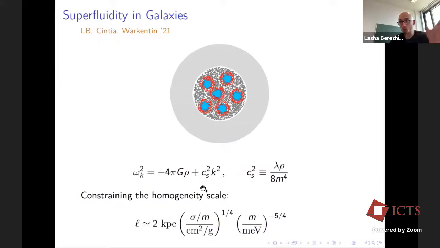So you have sound waves. If you were to consider a homogeneous distribution, there would be sound waves as long as you don't get near this range, which is the Jeans scale, the unstable region. In the case of axions, because the sign of lambda is different, there are no stable sound waves. So that's why it cannot be a superfluid.